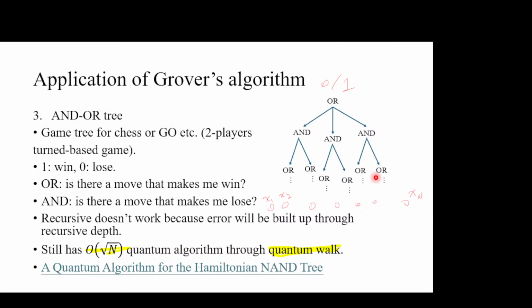It's not quite the regular application of Grover's algorithm, but the existence of Grover's algorithm does inspire people to look for an order square root quantum algorithm for this problem.